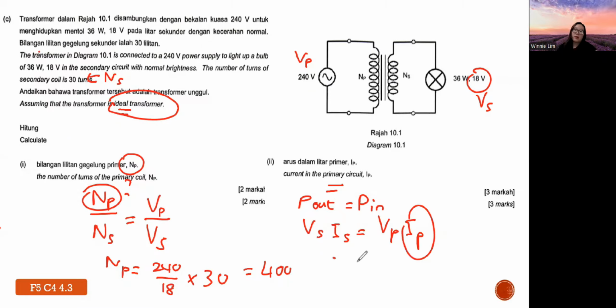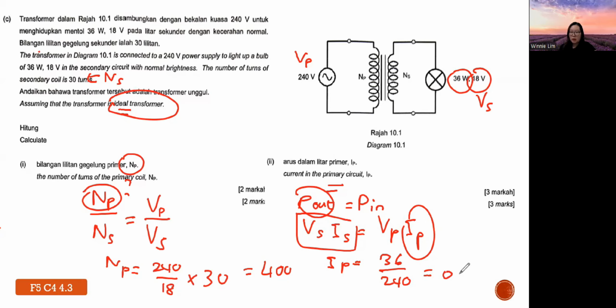So you can rearrange first. IP equals VS IS over VP. You can straight away use the output power, so we can use 36 straight away, then divide by 240, and you will get 0.15 ampere.